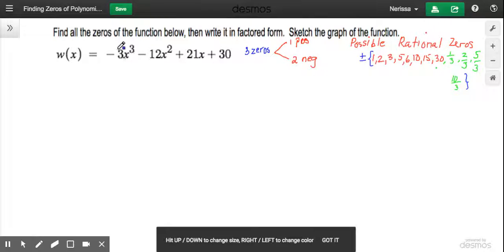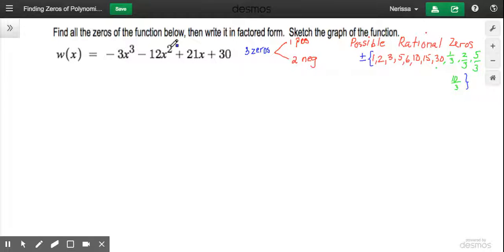So we start with -3, then -12, and then +21, and then +30. Notice that the exponents are 3, 2, 1, 0. So no exponent is missing. So we just copy down -3, -12, +21, and +30.